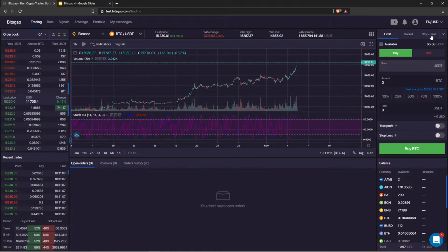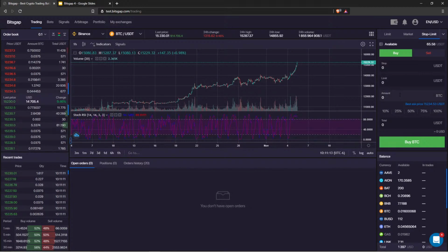And you have the stop limit, which has the stop price, or in other words, the trigger price.